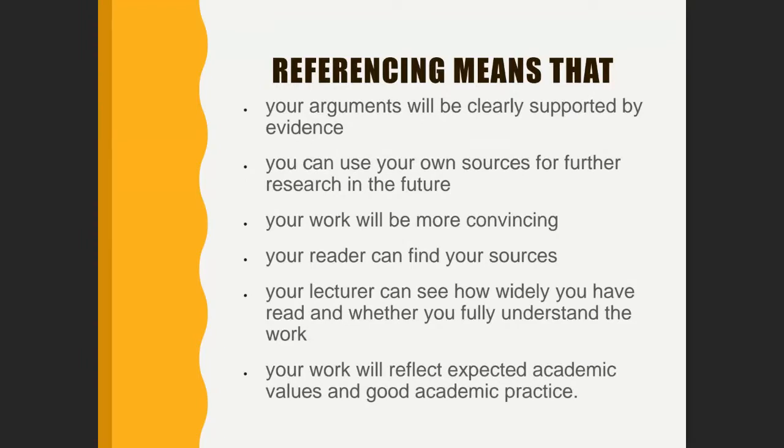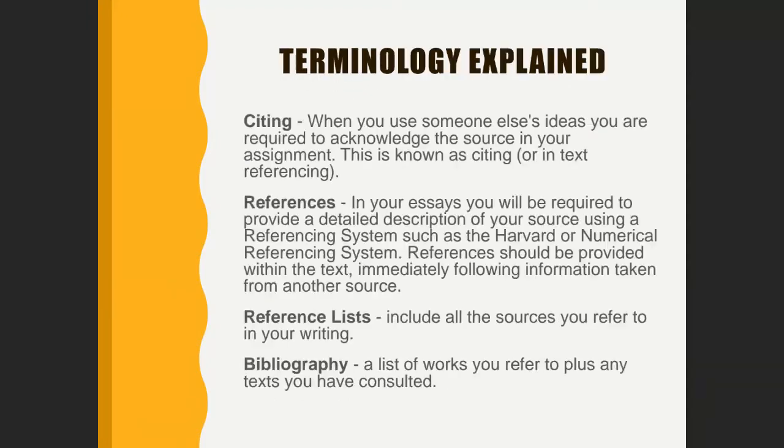You can use your own sources for further research in the future. Your work will be more convincing. Your reader can find your sources. Your lecturer can see how widely you have read and whether you fully understand the work, and your work will reflect expected academic values and good academic practice. So this is a bit of the terminology explained.